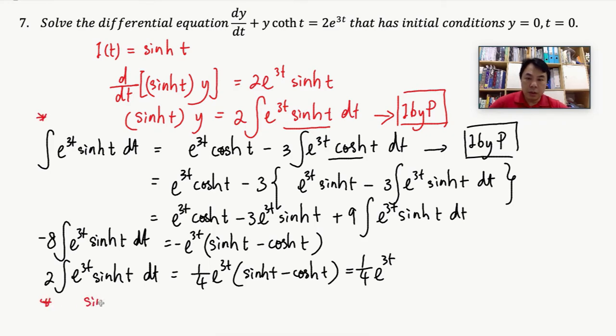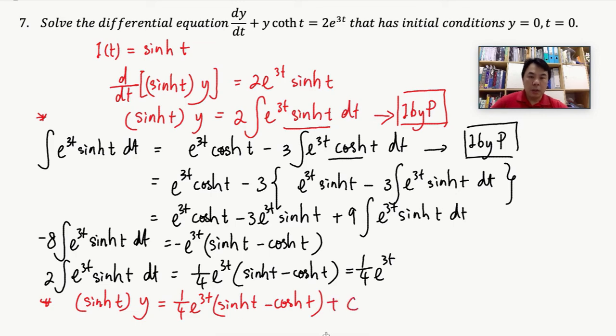I would say that sin t y will be the same as a quarter e^3t (sin t minus cosh t) plus a c. And then there you have it. That is my general solution.